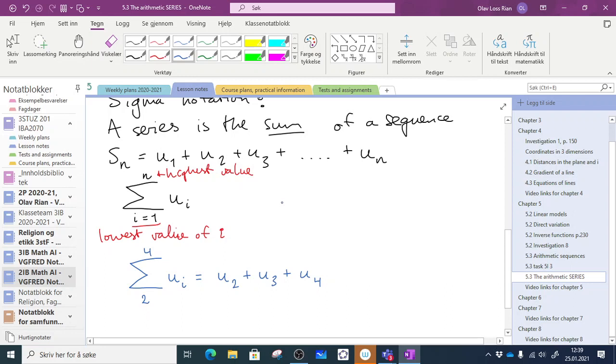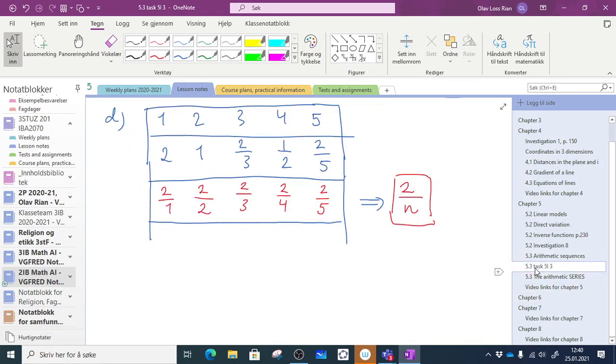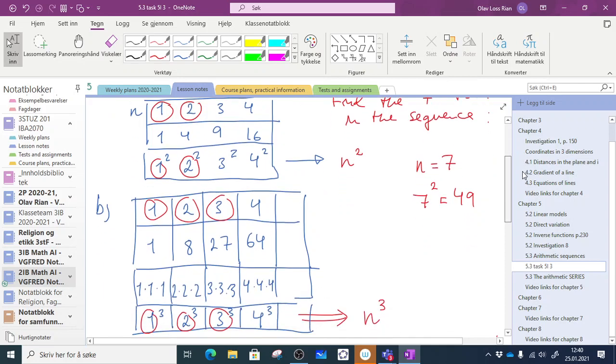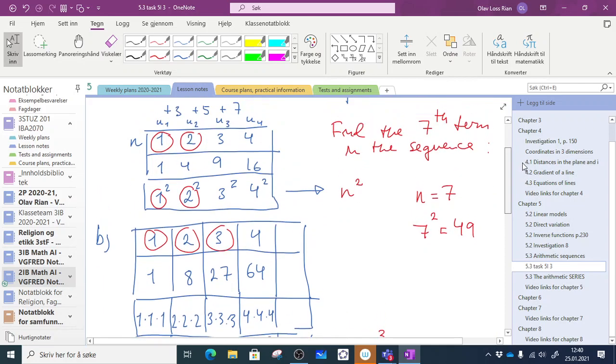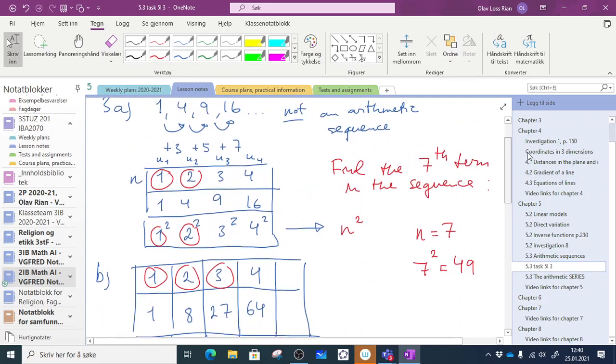We could use an example from the tasks that we looked at before. Task 5i3. For example, the first one.